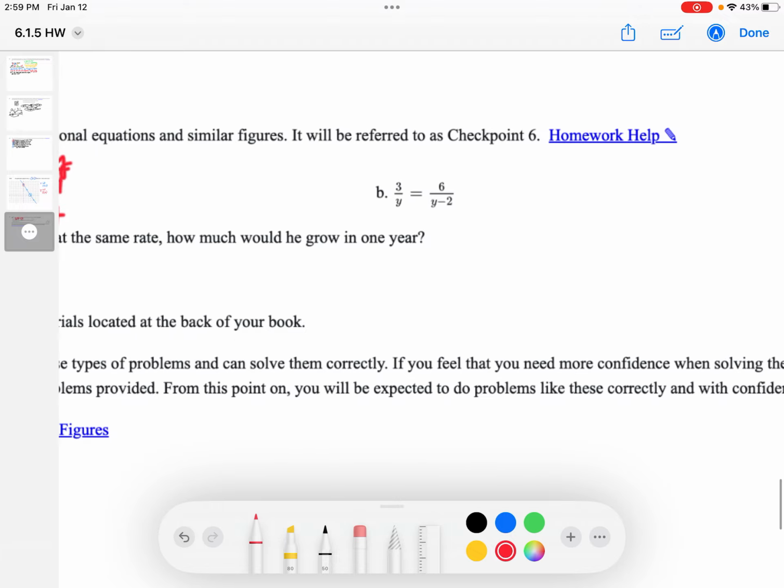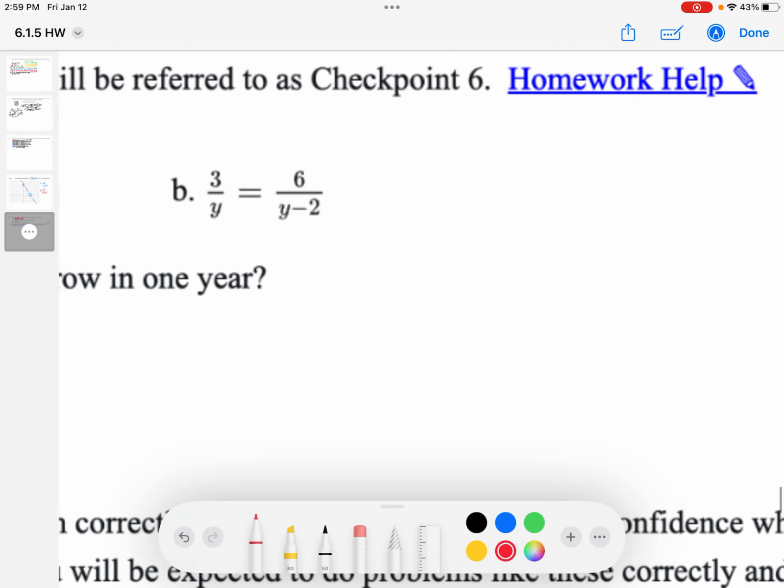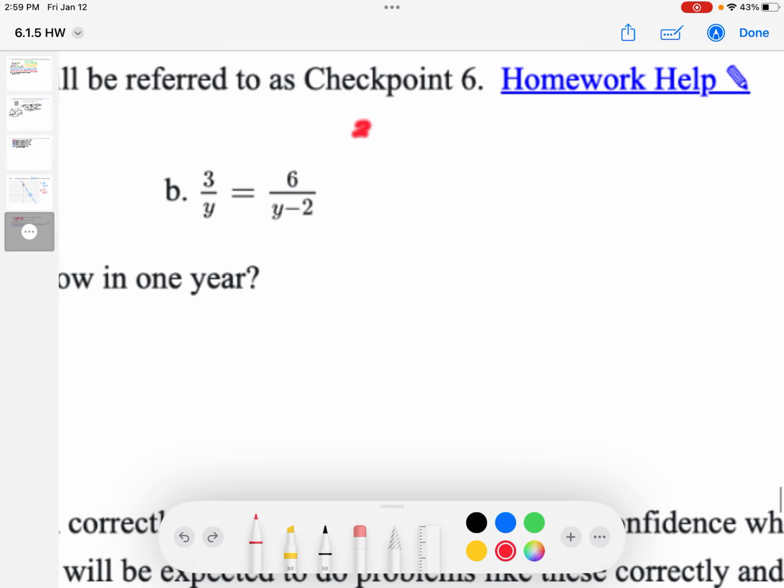Okay, how about this one? Let's zoom in. Again, I'm going to use my butterfly method. Y times 6, 3 times y minus 2. So 3 times y minus 2 equals 6y.